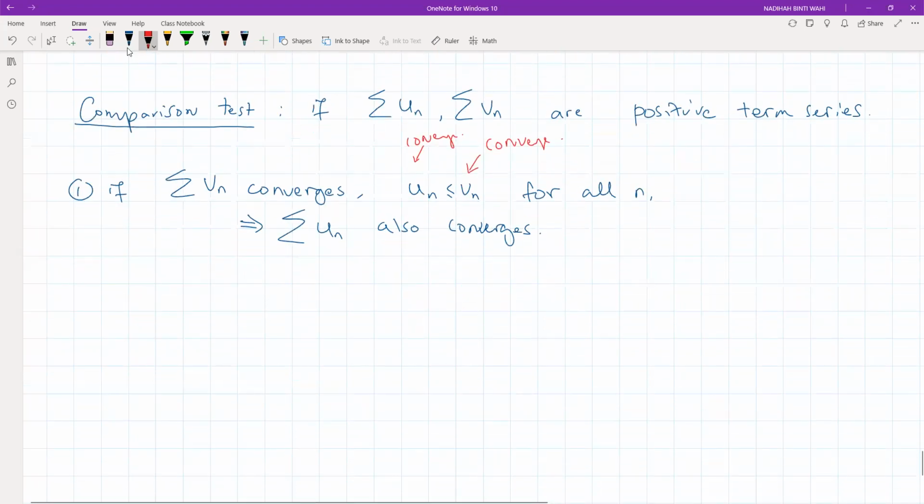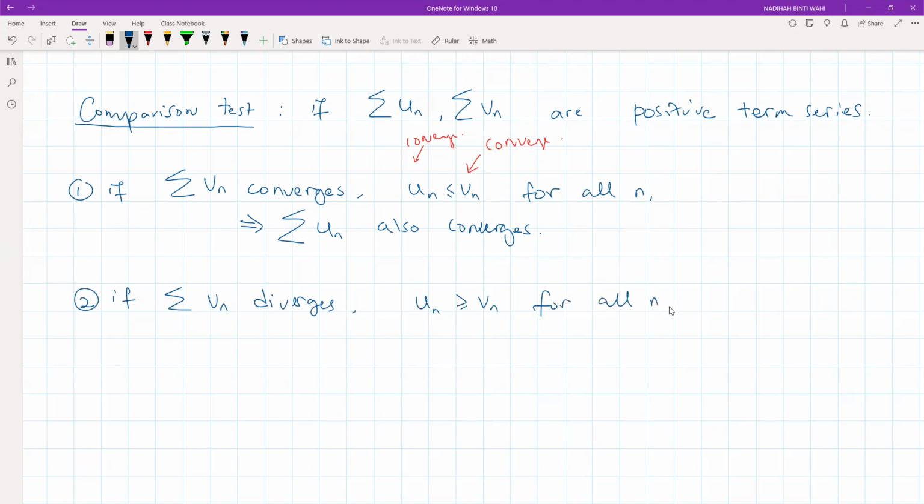All right, number 2. What happened if summation of Vn, the series of Vn diverges? And you also have Un is bigger than Vn for all n, meaning that the term is bigger. For each term is bigger.